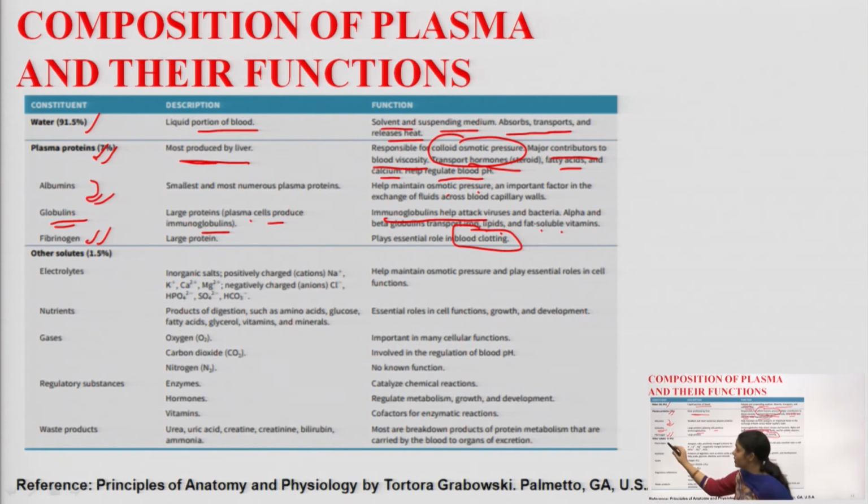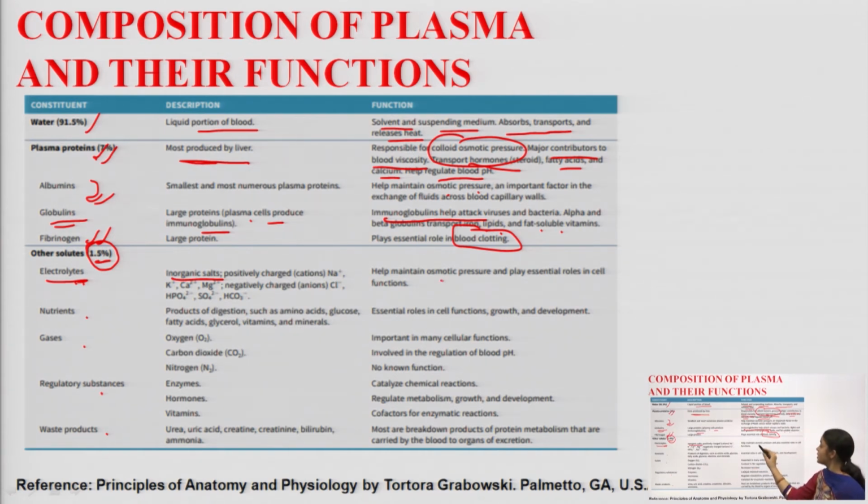Now come to the other solutes. These other solutes are about 1.5%. They are electrolytes, nutrients, gases, regulatory substances and waste products. Electrolytes are inorganic salts, both positively and negatively charged.